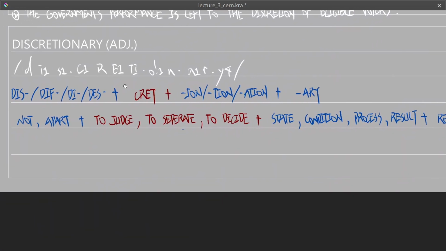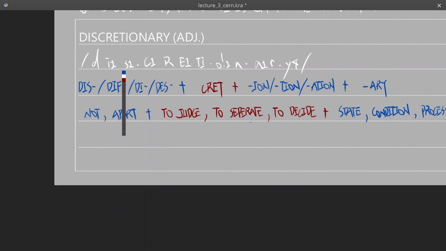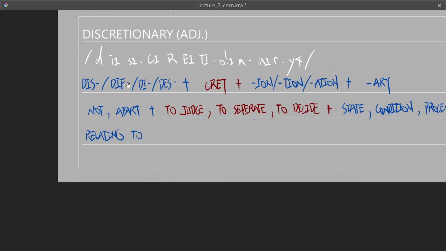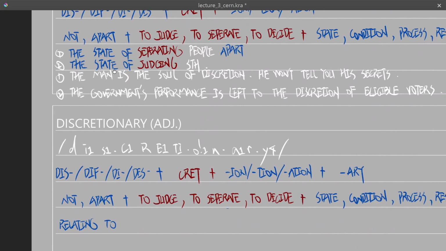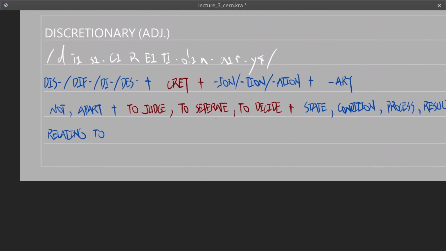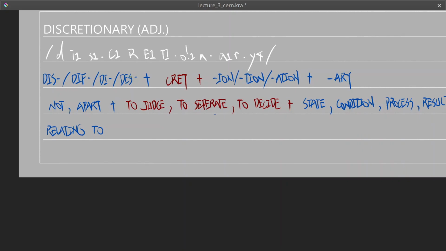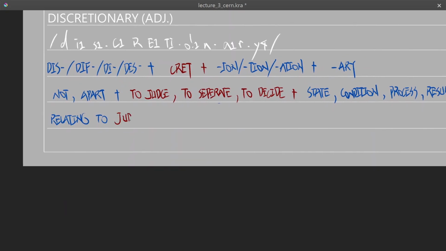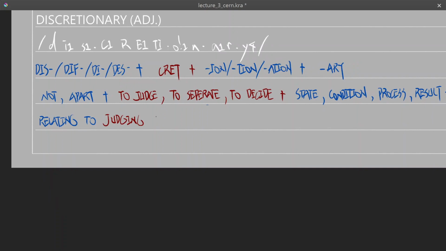So discretionary literally means leading to, touching somebody.